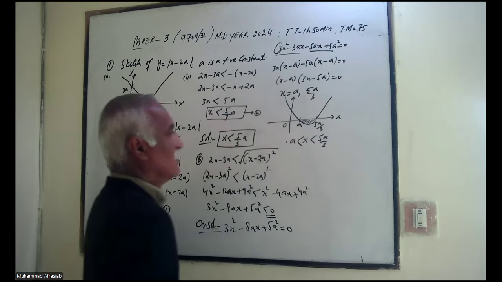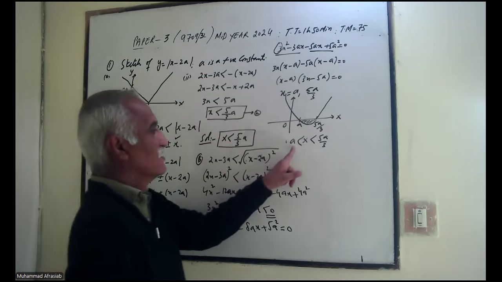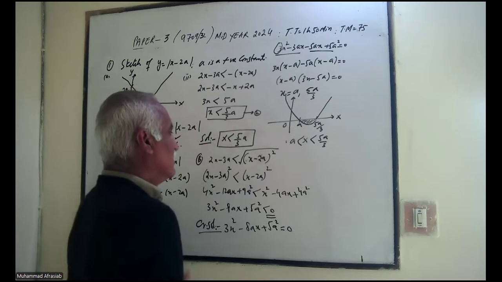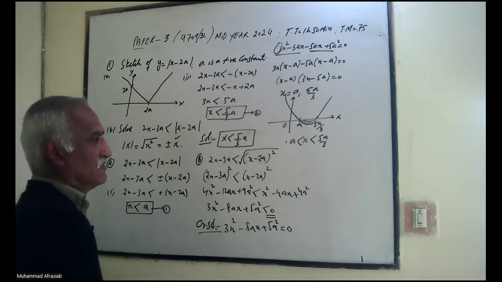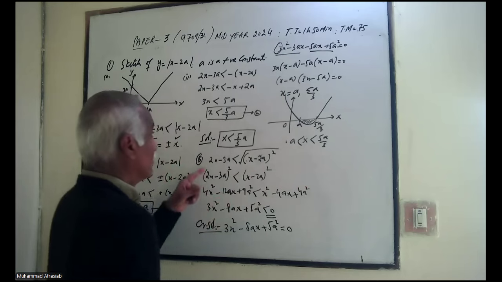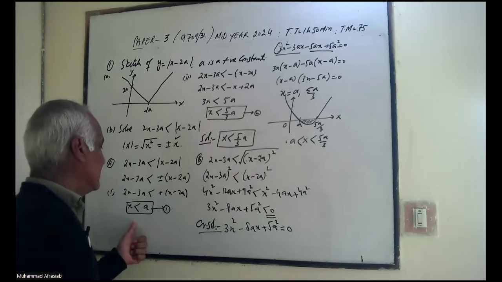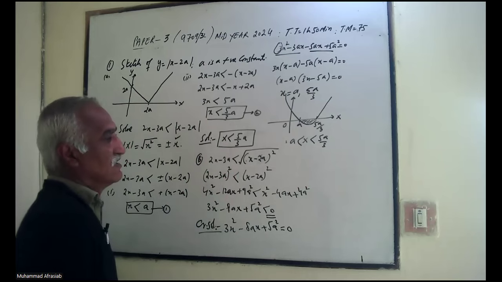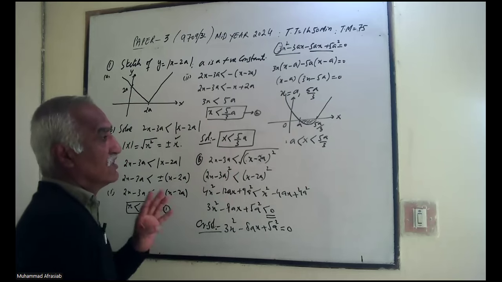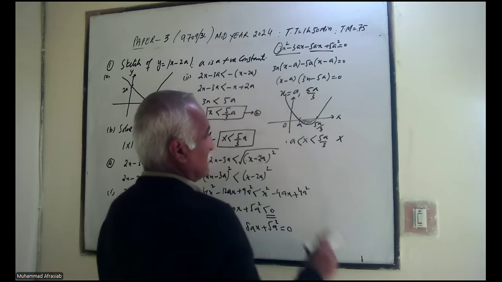But here we are showing x is less than a, and this is showing x is greater than a, so they contradict each other. The second part, x is less than 5 by 3a, is true. But the first part is x is less than a, and here it is x is greater than a. So we are going to reject this option for the solution of this inequality.